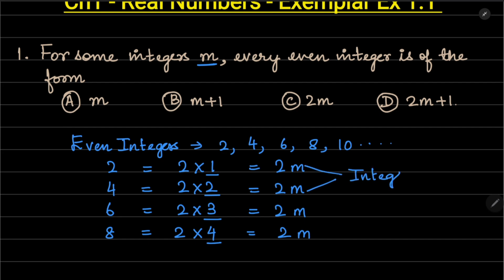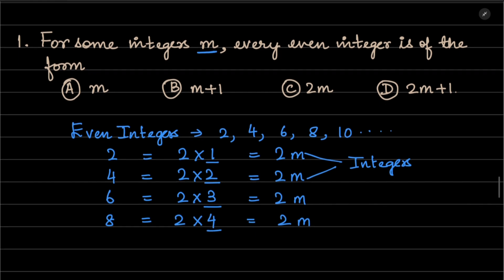So what are integers? You have both positive integers and negative integers: 0, 1, 2, 3, 4, everything, and minus 1, minus 2, minus 3, these are all integers. So every even integer is of the form 2m.